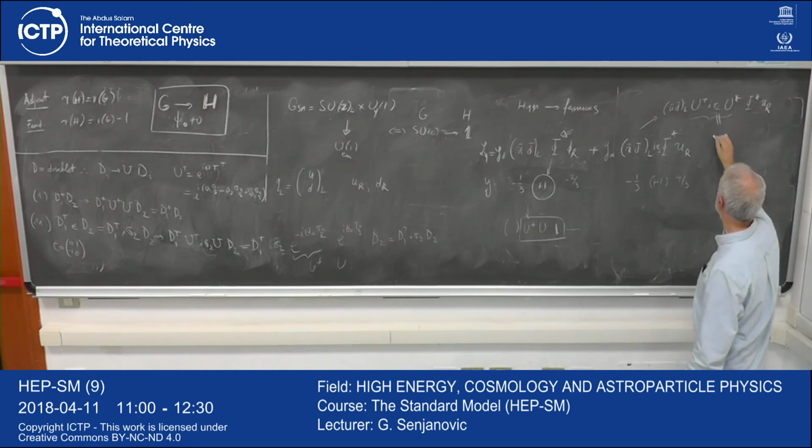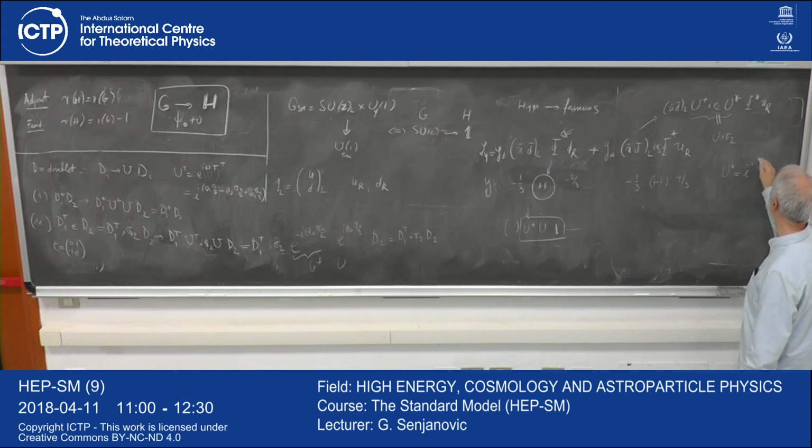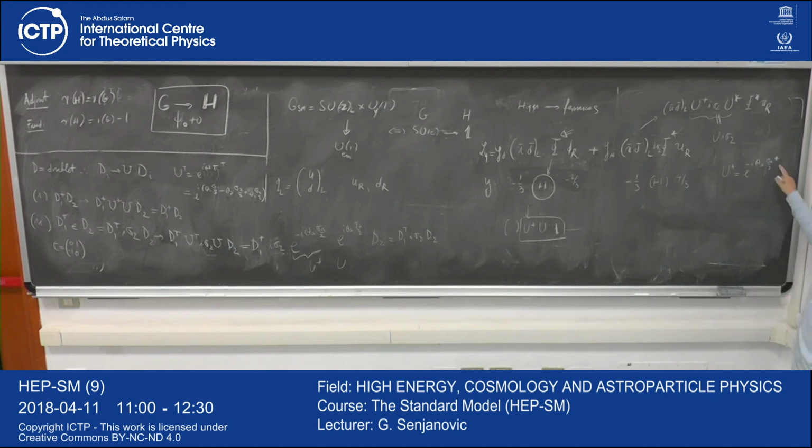This is U I sigma 2. Why? Because U star, which is e to the minus I theta A sigma A star over 2, mistreats sigma 2 here. But sigma 2 commutes with sigma 2.